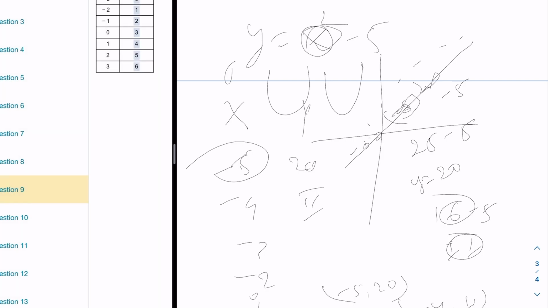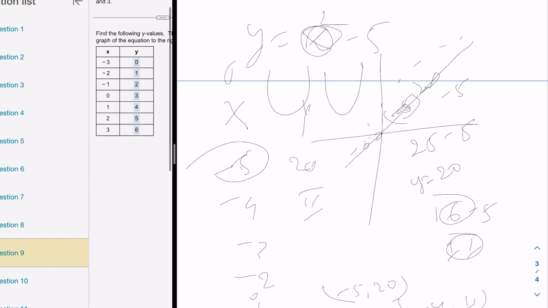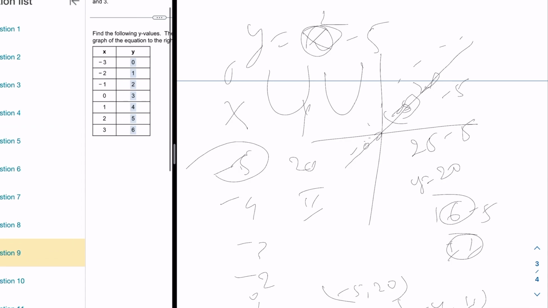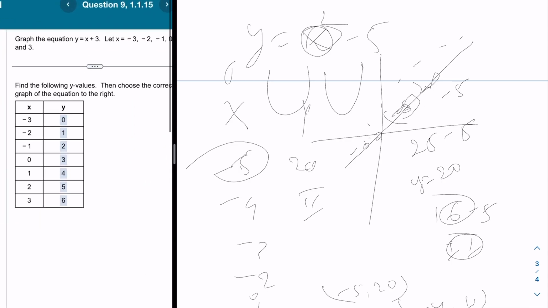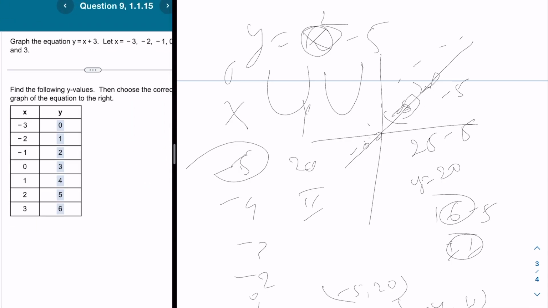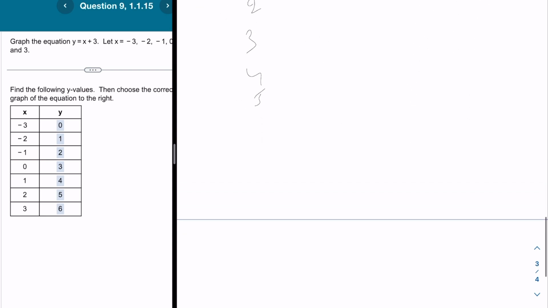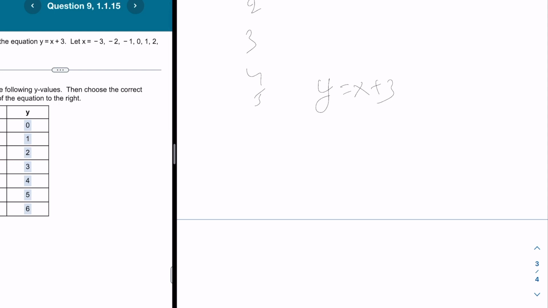Question number 9 must be the same thing, I guess. What's question number 9? Yeah, here is given the equation y equals x plus 3. And in the previous question we could plot any x, right? But here the x coordinates are given, so we cannot choose by ourselves.